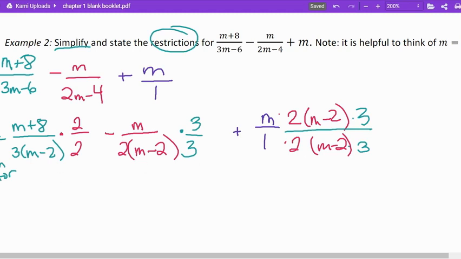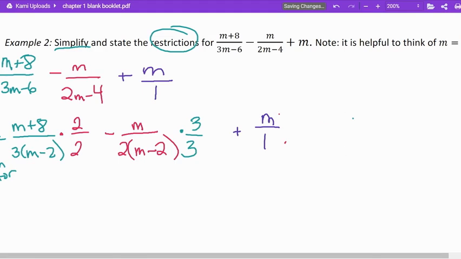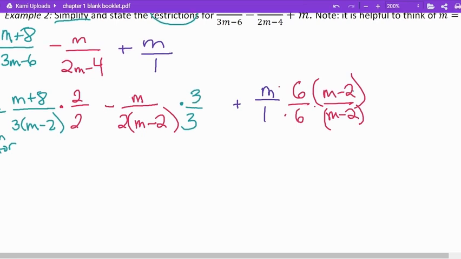Would it be better to put just all the numbers together and then the m minus 2? Or just 6? All right. So we're just going to write 6 over 6 and then m minus 2 over m minus 2. Now, I'm going to put brackets because I want to make sure I don't make a mistake. And so now we check, does every single denominator equal 6(m minus 2)? Yes, it does.